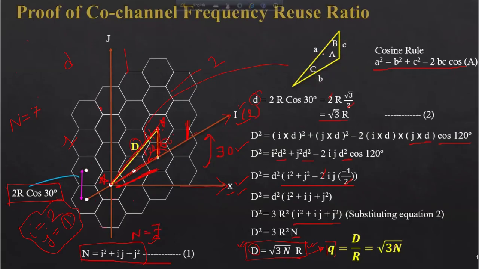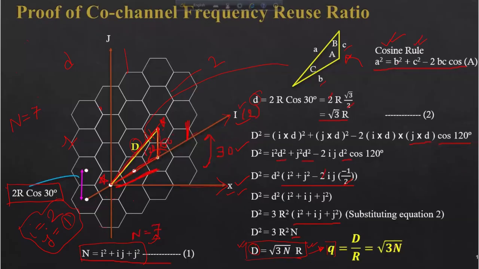Now, if you apply this cosine rule to this triangle, then you know that a square is equal to b square plus c square minus 2bc cos A. So this is the cosine formula for this triangle.